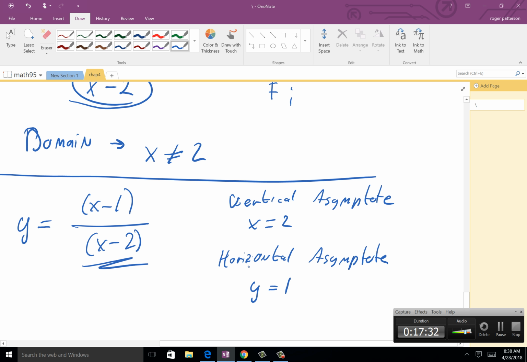So those are the two asymptotes that exist, and the ones that you're going to have to know how to do. There's no slants in there. They should all be horizontal if they ask you.